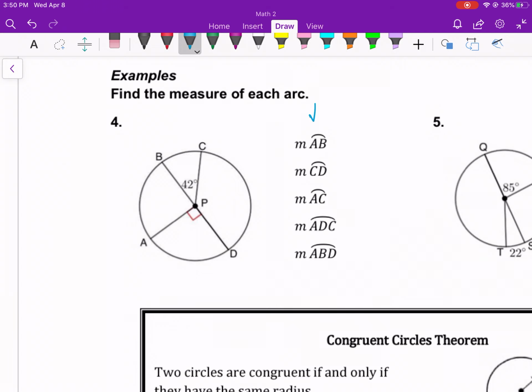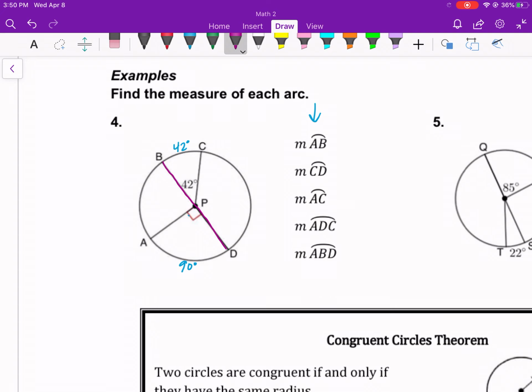Before we do any of these, we're going to go ahead and just label our picture so that we know the measure of each arc. So measure of arc BC, for instance, is 42 degrees. The measure of AD is 90 degrees, so those are the two given to us. Now, anything that looks like a diameter, we can assume is a diameter.